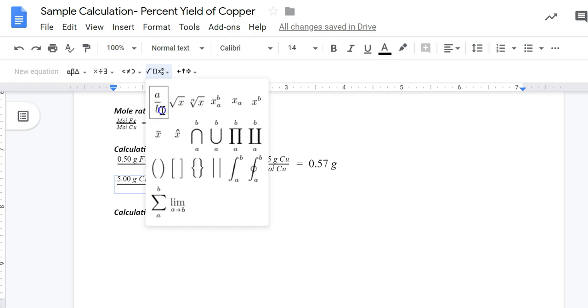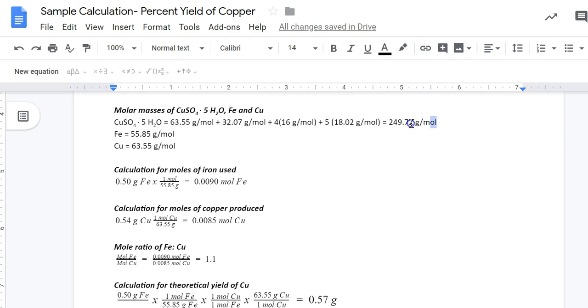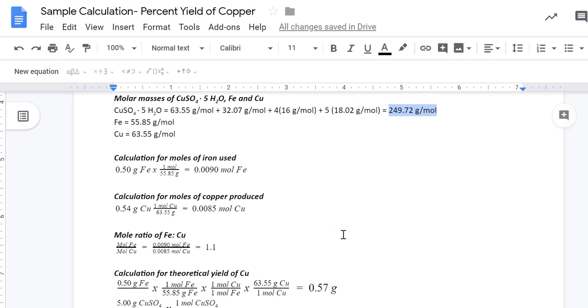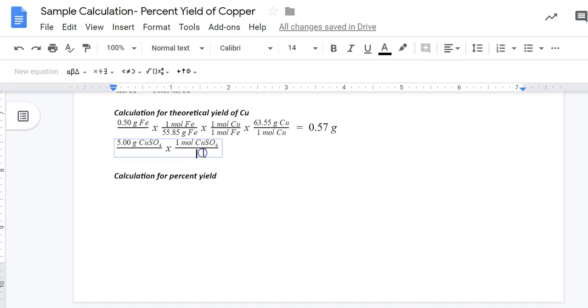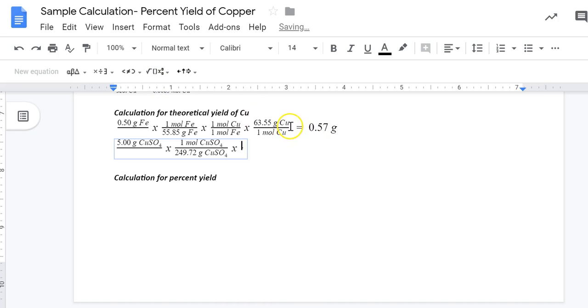All right, if we are starting with grams, my first step is to plug in the molar mass, which we calculated to be 49.72 grams per mole. I'm starting with copper 2 sulfate, solving for copper.